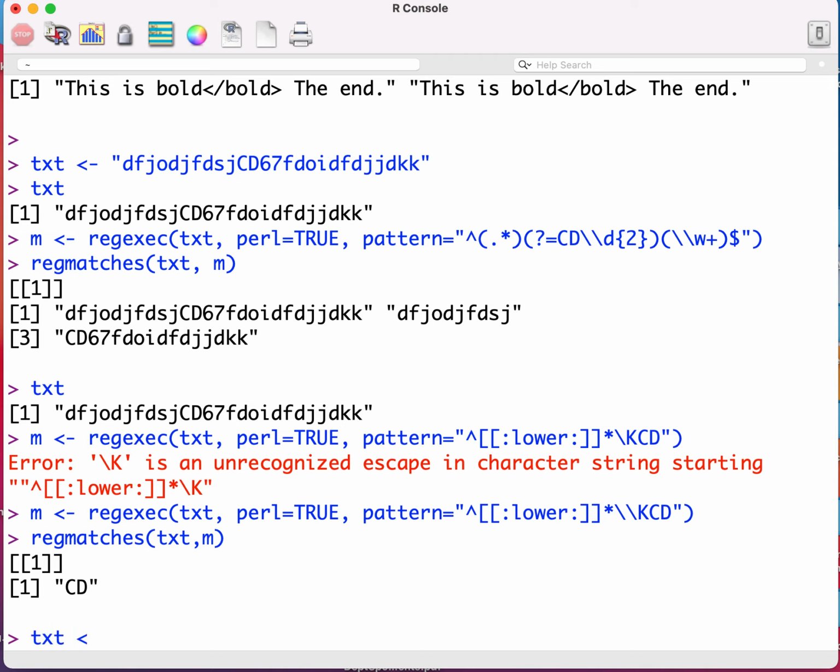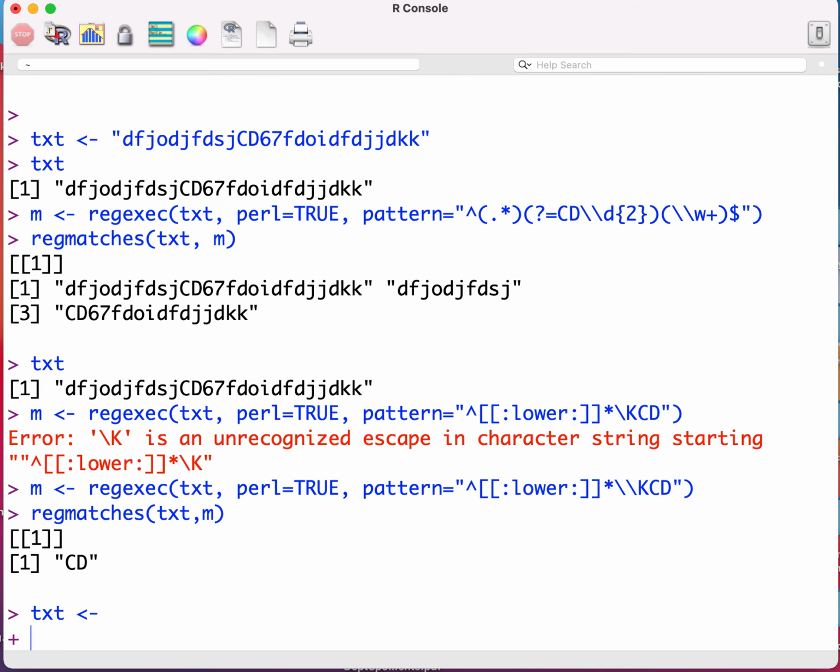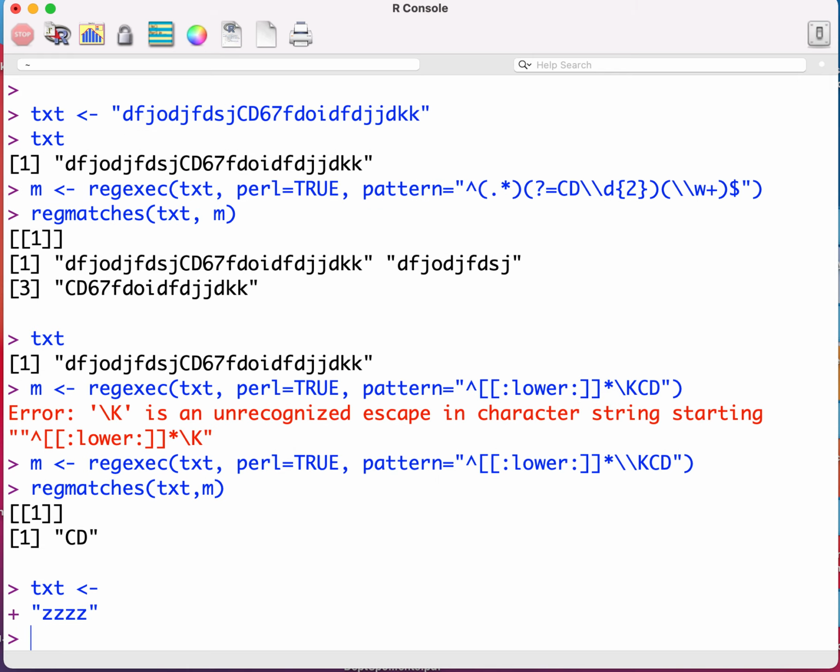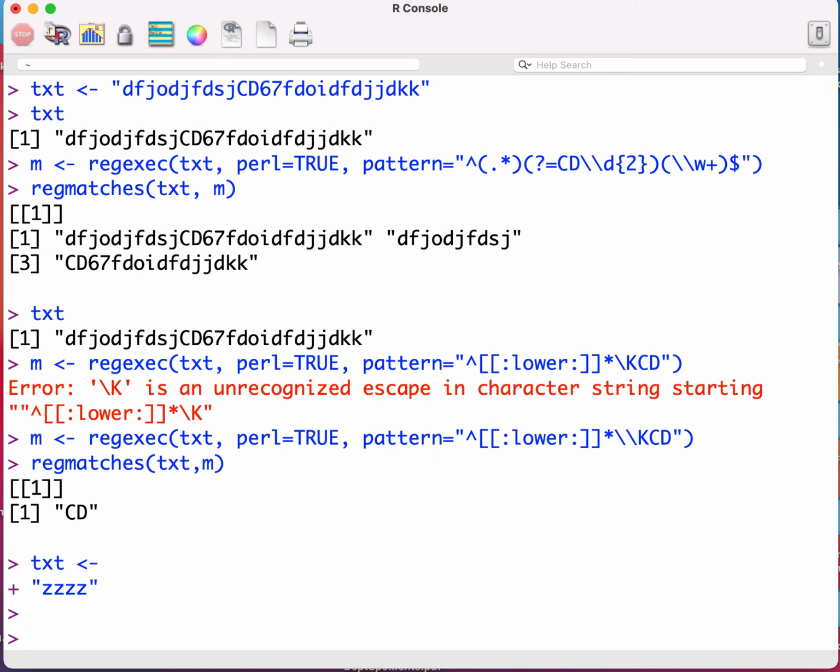Look ahead and \K, you're going to have to contemplate this for a while. Let's look at the exciting text ZZZZ. And let's see what matches we get under these two things. \K does not do any scrolling back, only scrolling forward, and we're going to see what consequence that has.